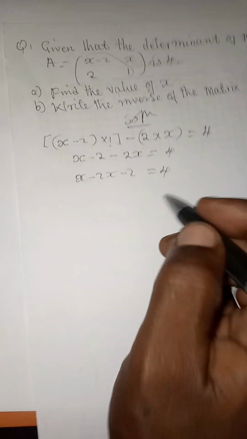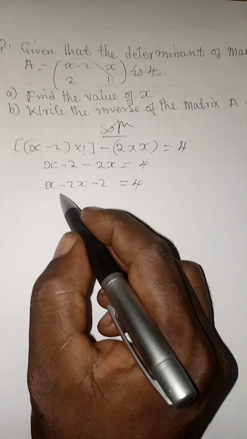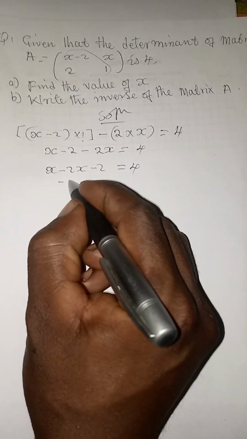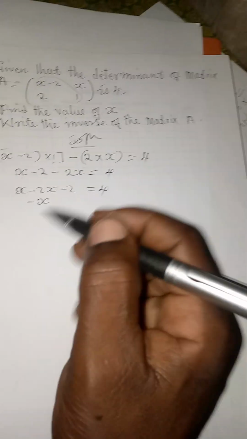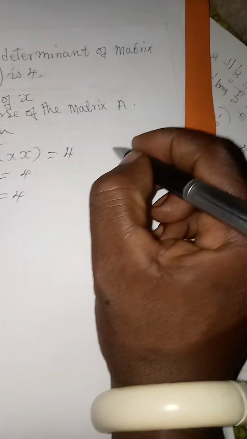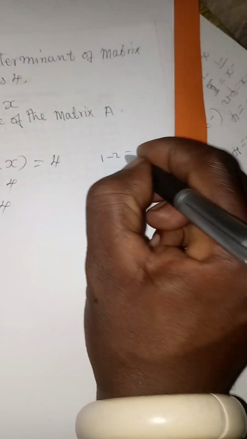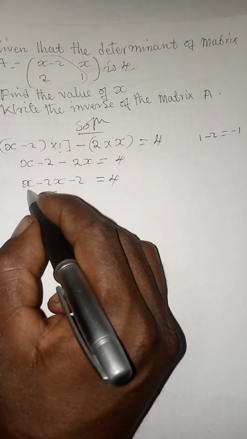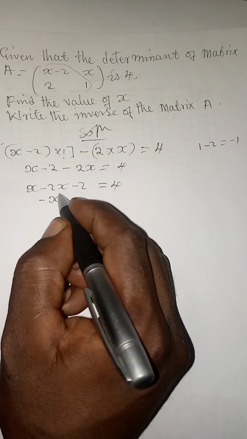I hope we are following. Now x minus 2x is negative x, because this is the same as 1 minus 2, which is equal to negative 1. In this case, we have the variables x and negative 2x.